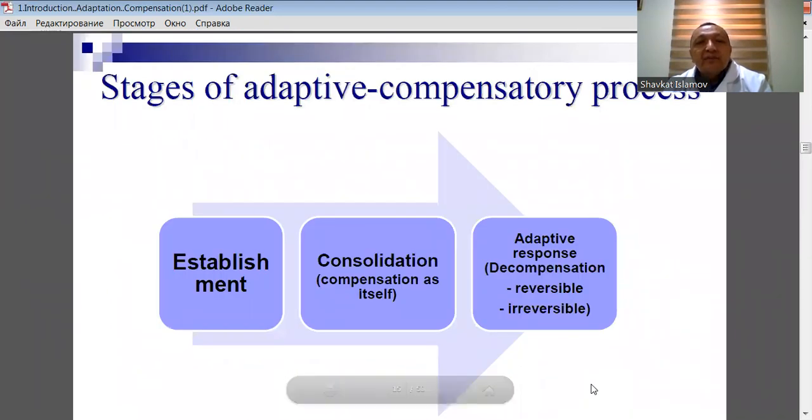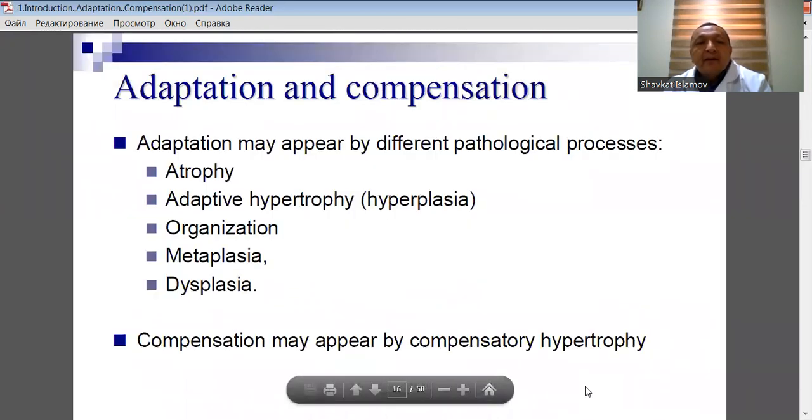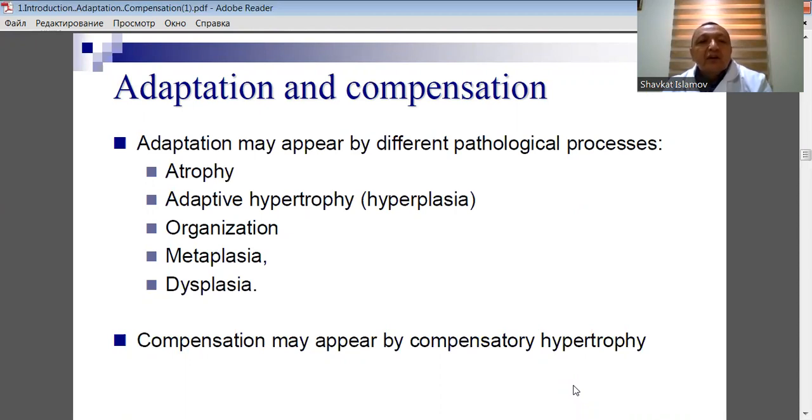Stages of the adaptive compensatory process: establishment, consolidation, adaptive response. Adaptation may occur by different pathologic processes: atrophy, adaptive hypertrophy, organization, metaplasia, dysplasia.